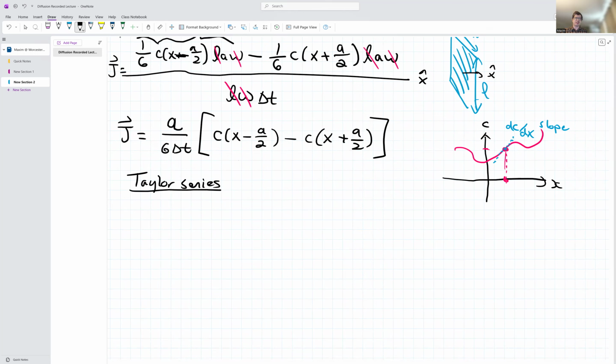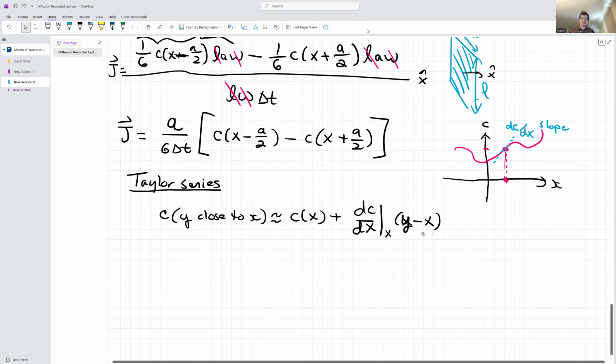And it just says that the concentration at a certain location y close to x is approximately equal to the concentration at x plus the derivative of the function with respect to x evaluated at x, basically, times y minus x.